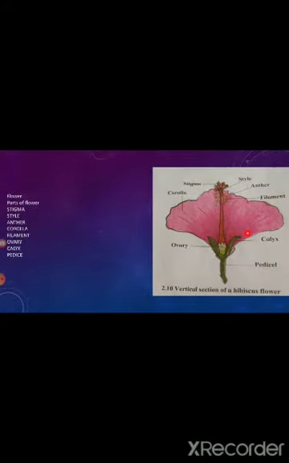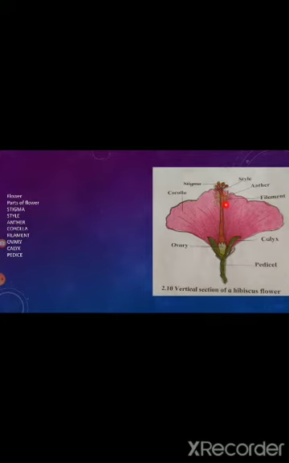So now we are going to learn about flowers. The parts of flowers are stigma, style, anther, filament, corolla, ovary, calyx and pedicel. Here the red colored ball is called the stigma. Here a single straight line is the style.